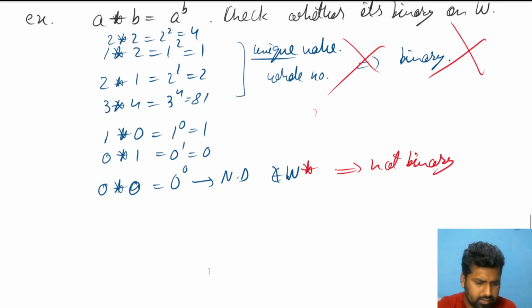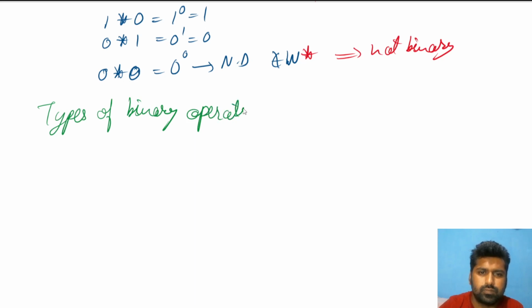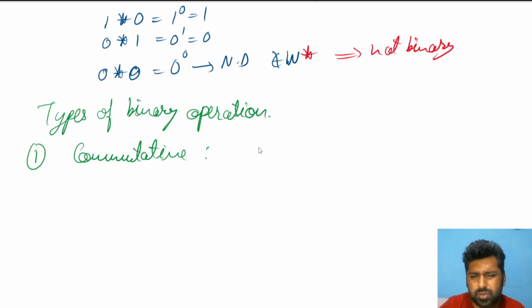Next, let's talk about types of binary operation. First is commutative. Commutative has the same definition, pretty much as you can guess.